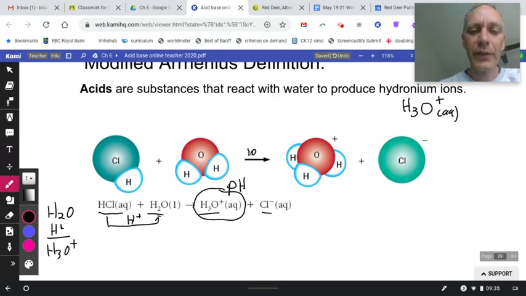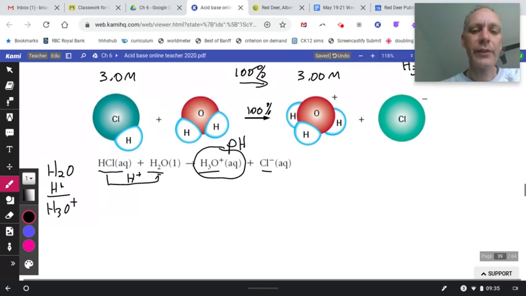So that means it reacts basically 100%. Strong acids will react with water and all of their molecules will react. So if we had 3 moles per liter of HCl, we would get 3 moles per liter of hydronium because of that complete reaction. And there are only 6 strong acids that do that.